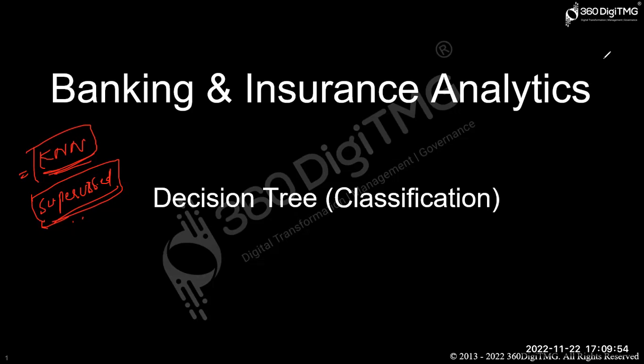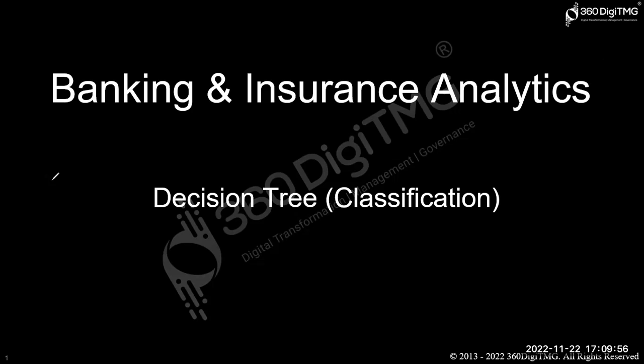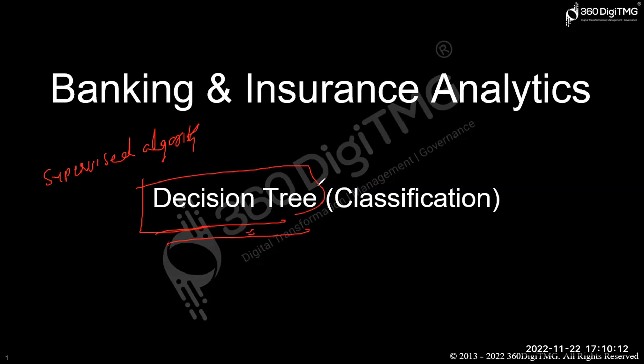Similar to that, today we'll be discussing one of the supervised algorithms, that is the decision tree. What exactly the decision tree is and how it will be useful. This decision tree is useful for classification, and on which basis it does the classification.